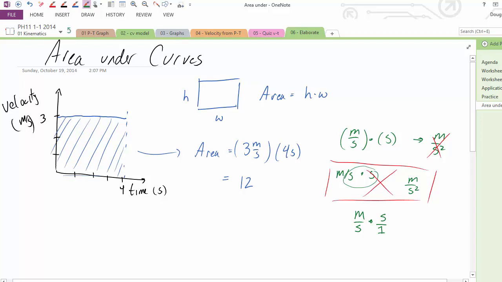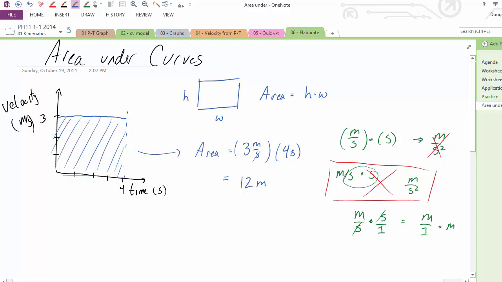It's meters per second times a second over 1. Anything over 1 is the same as the initial thing. So those cancel out and you get a meter. Meter over 1 or meter. So that's what this is. The seconds cancel out and we get 12 meters.